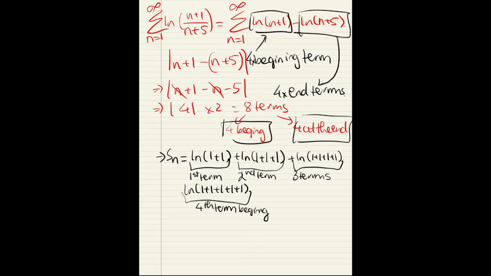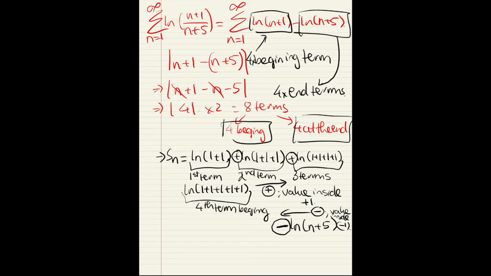Now for the 4 end terms, it starts with the minus, using this function first, and now I start backward. Remember, this is minus, this is plus. When you move upward at the beginning, it's plus, and the values inside will be plus 1. When you move downward, it's negative, and the values inside are minus 1.